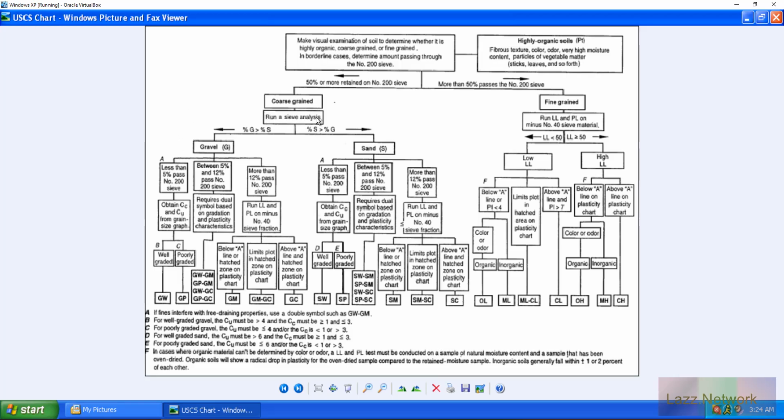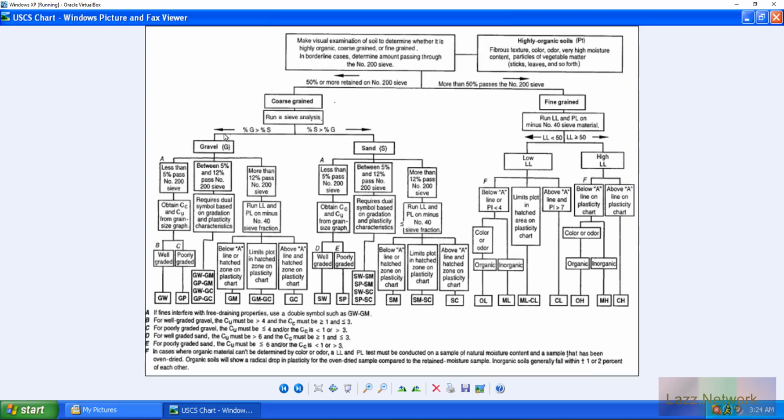Now, I will say, just like how I covered, it does say run a sieve analysis initially, but technically you're really determining how much fraction you have on your number 4 sieve. So if you only do the most basic part of this whole thing, technically you can't say if it's well graded unless you do a full sieve analysis on it.